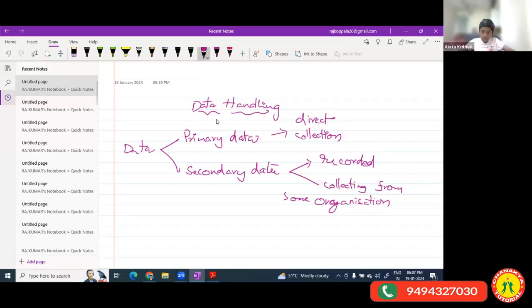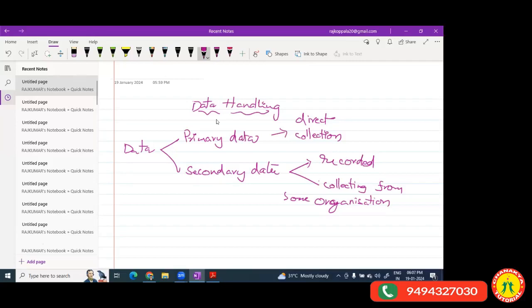Yes, sir. After collecting this data, we will handle it. Handling means we can conclude something. For example, if I get the marks of 10 students of your class, after seeing those marks I can find who is dull, who is average, who is above average, who is the clever topper. Like that I will get some information.